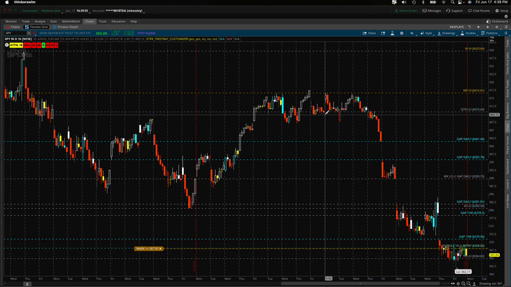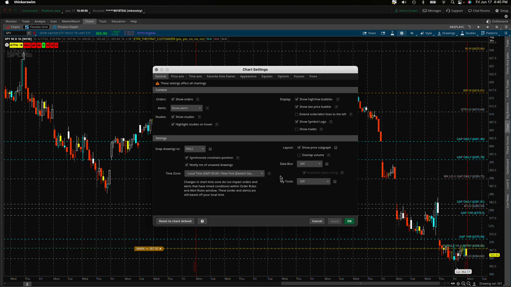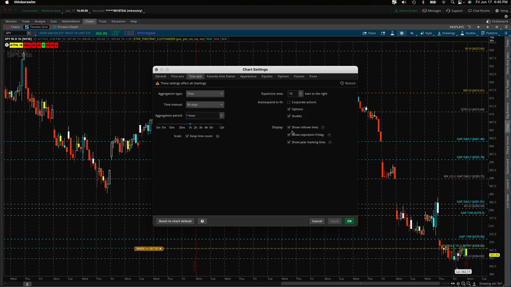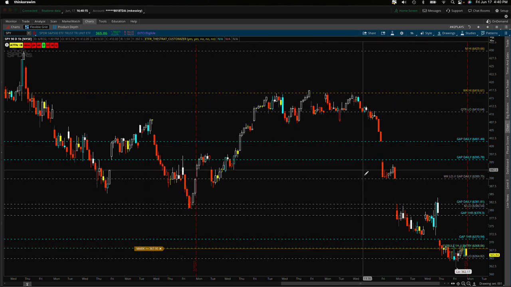We could look at this on a daily basis or on a 1 hour chart. I am going to remove these lines because I don't want to see them. So we're going to remove the rollover lines. Click apply, click OK.